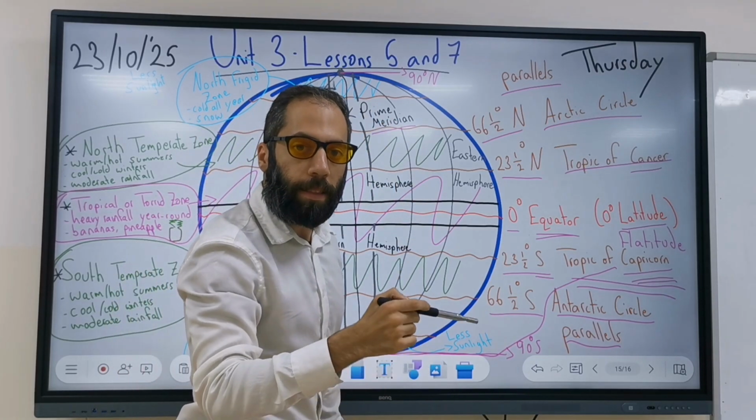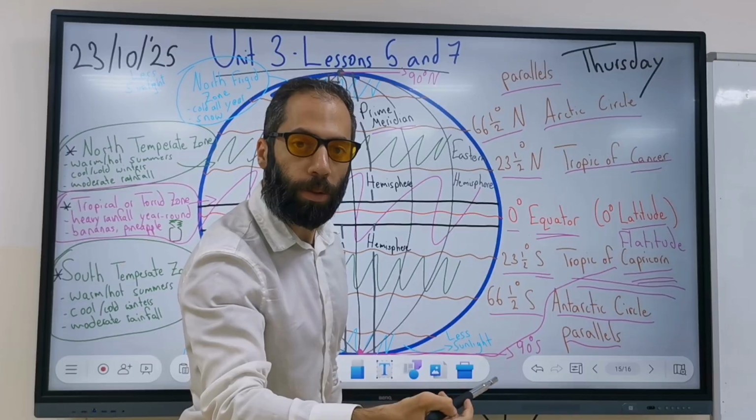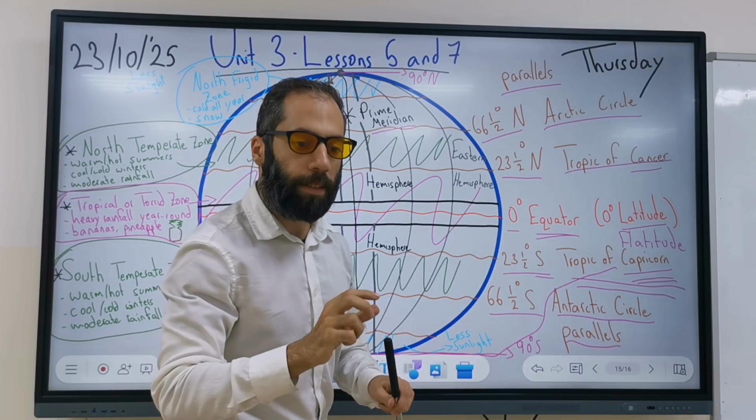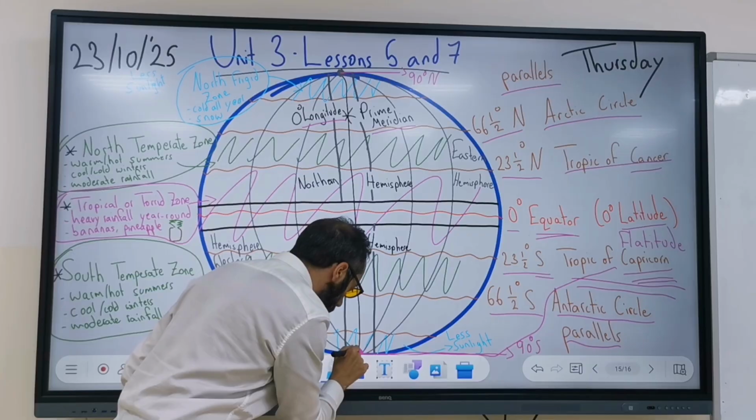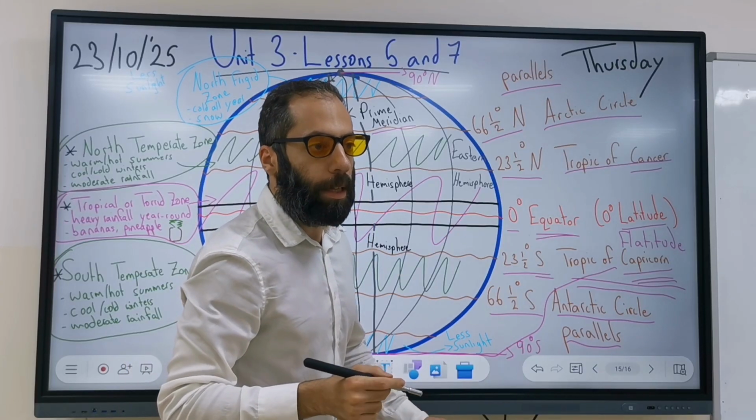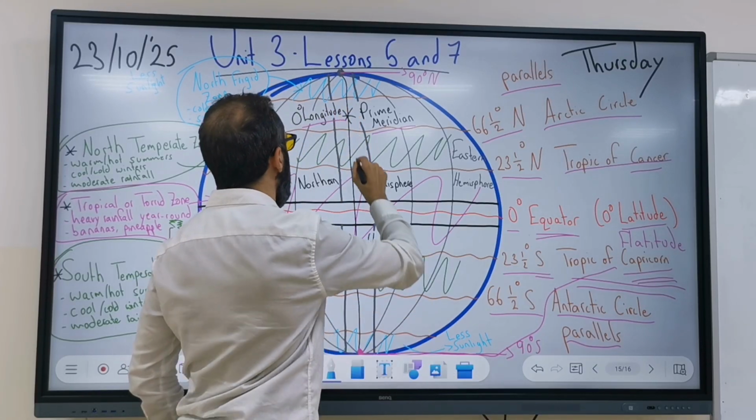Now you notice that these gray longitude lines actually meet, they intersect at either the South Pole or the North Pole.